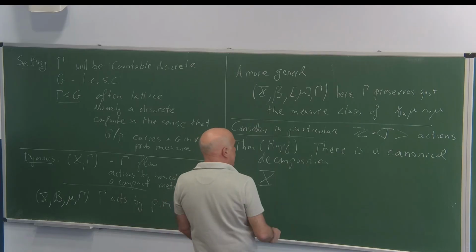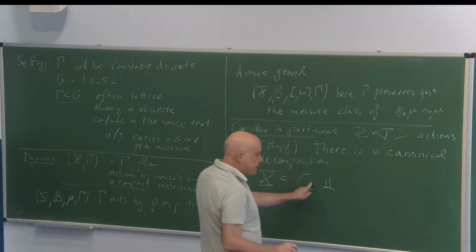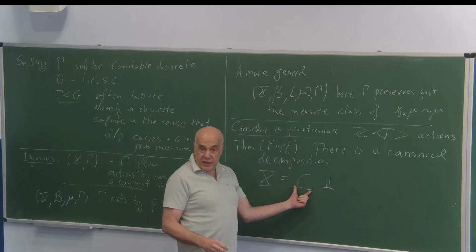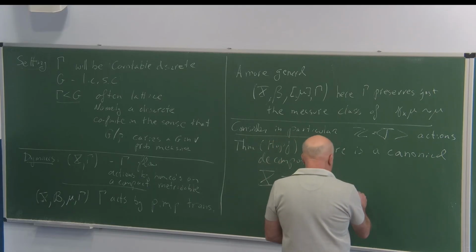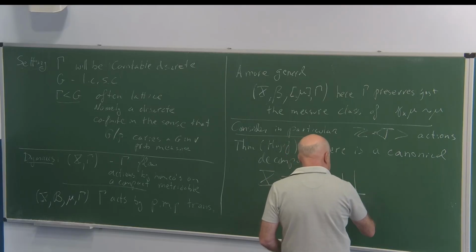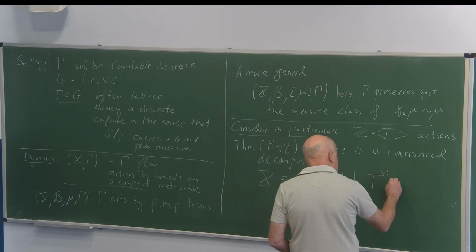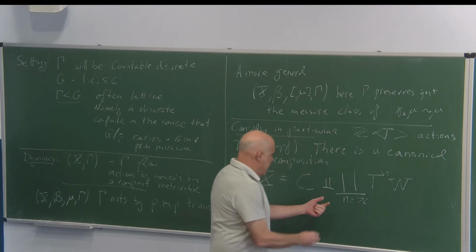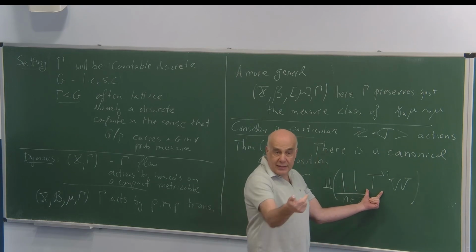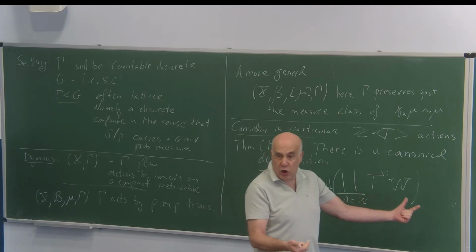as a disjoint union of two invariant sets. One of them is called the conservative part, and the other is called the dissipative part. The dissipative part is just the disjoint union of the translates of a given set, called a wandering set.